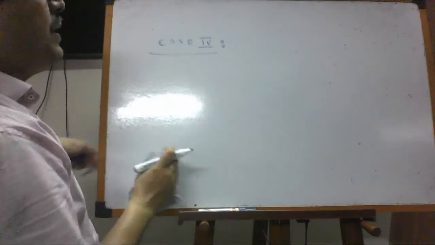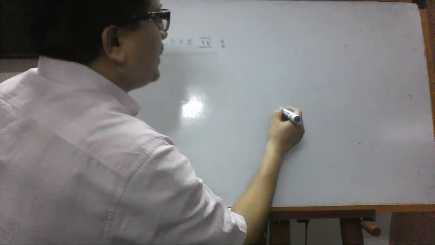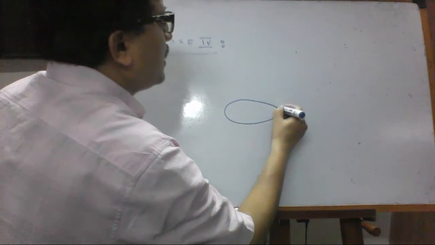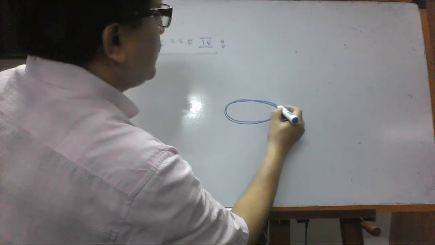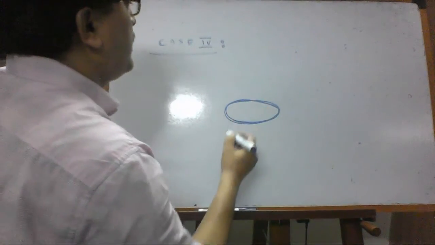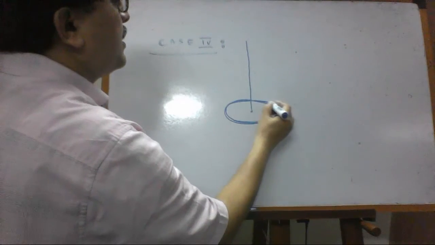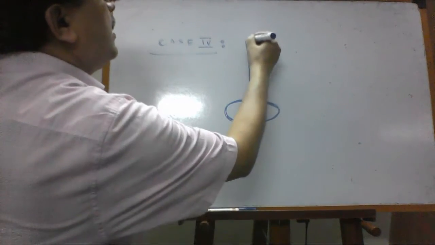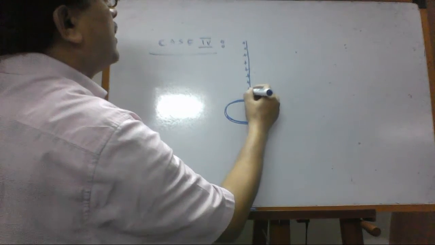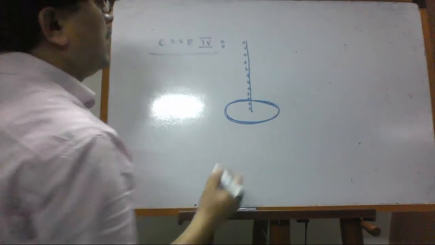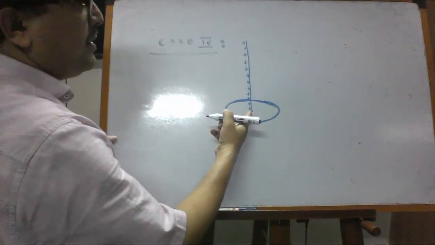We want to find the flux linkage through this circle area, where a charged thread is kept this manner, its end is at the center.